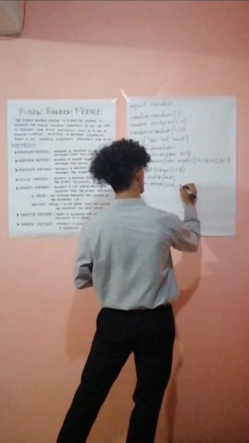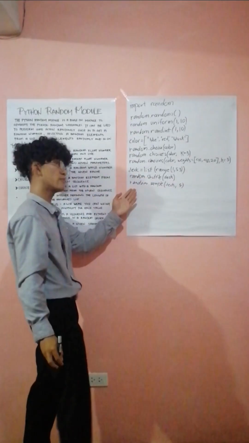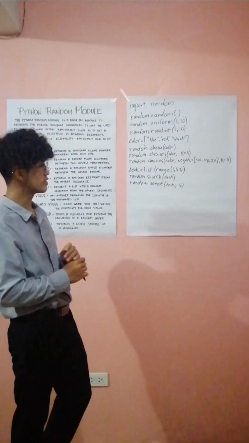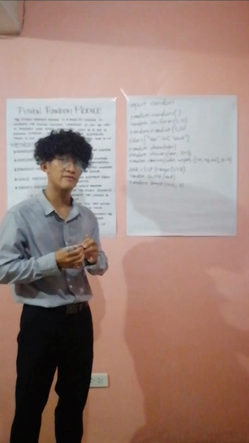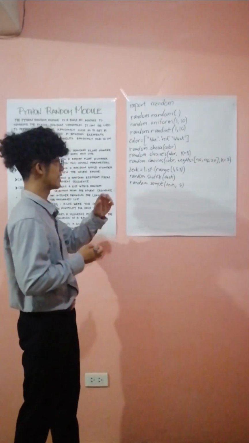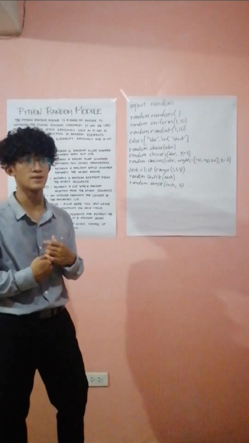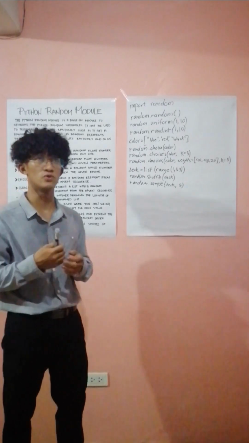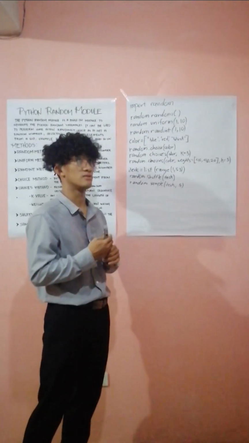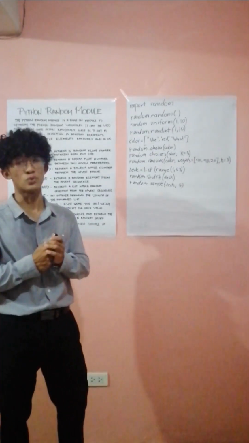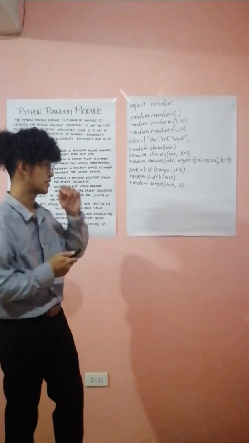So we want to pick five cards. So if I print this, the sample method will get me five cards from the deck of 1 to 52 cards. So it can give me 1, 2, 10, 11, 20.